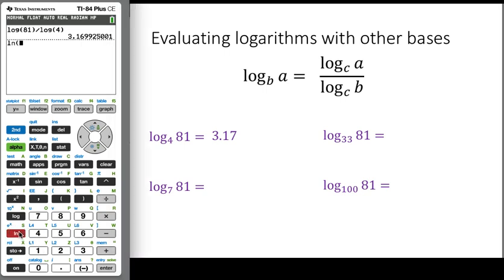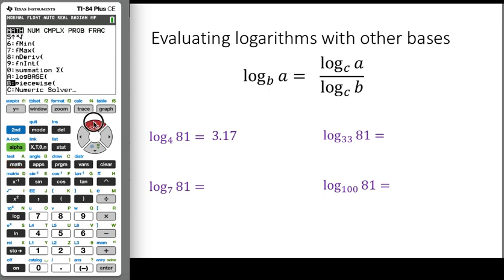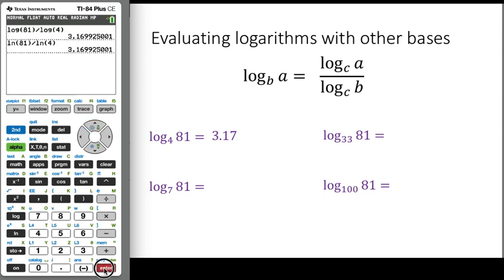But just to show that it's true, this can be any base. So ln 81 divided by ln 4 should give me the same answer, and it does. And if you're using a TI-84 Plus, or other calculators have similar functions, you can press this button here, Math, find this one that says log base, and you can put log base 4 of 81, and you'll get the same answer as well.